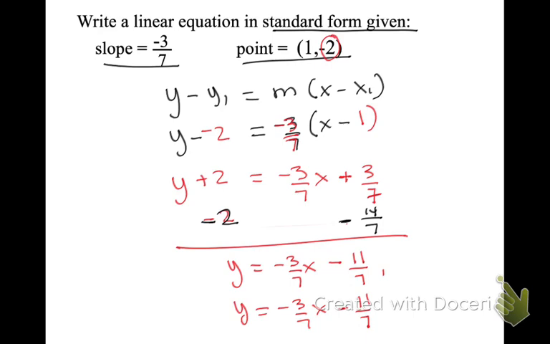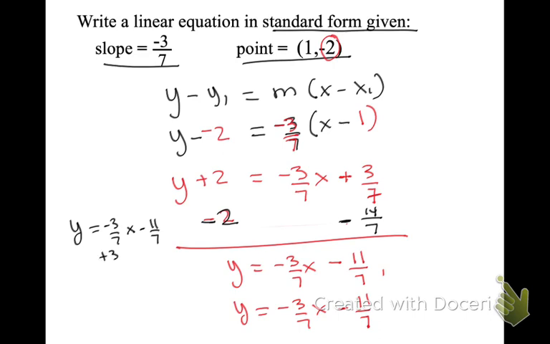Now, if we want to go to standard form, we have to move the x over and get rid of the fractions. So I'll start that over here. y equals negative 3/7 x minus 11/7.